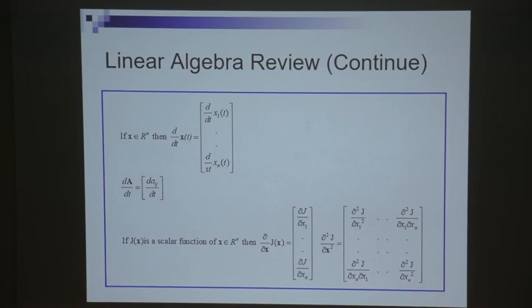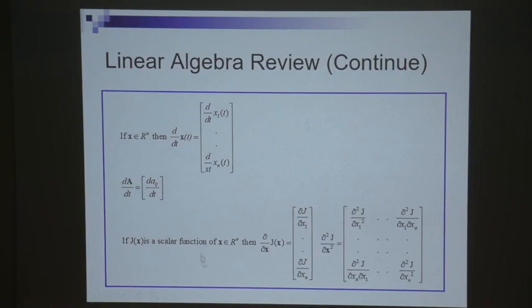The Jacobian is always very important. You need to know the Jacobian well. So if I have x belonging to Rn, then dx(t)/dt will be equal to dx1(t)/dt through dxn(t)/dt. You put it in matrix form.